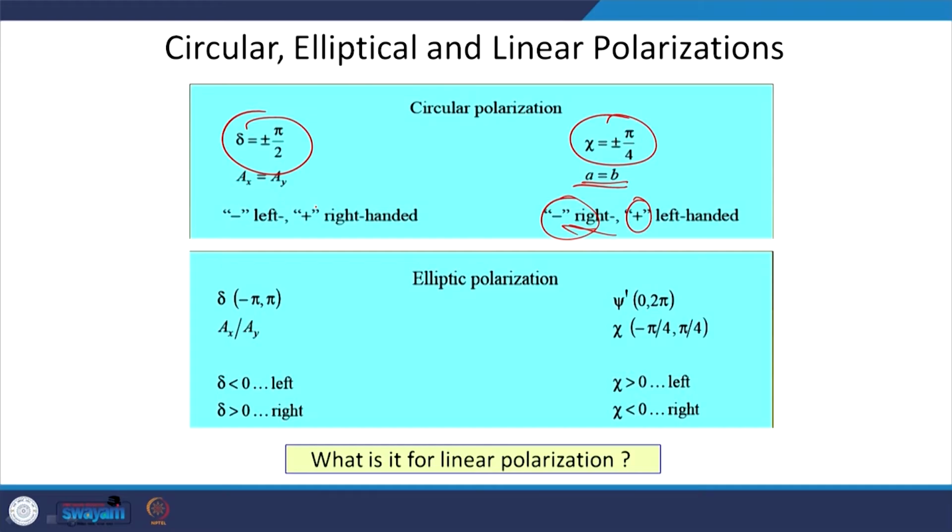If you have elliptical polarization, you have delta in this range, you calculate Ex by Ey, and this gives you right or left elliptical polarization. In the other notation, you had psi naught, psi prime and xi, and you see that this is left elliptical polarization and this is right elliptical polarization. For linear polarizations, I leave it to you, you need to solve it.